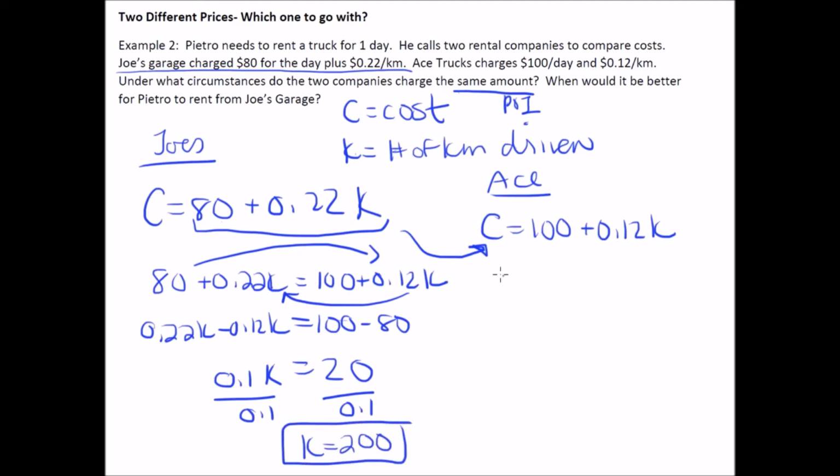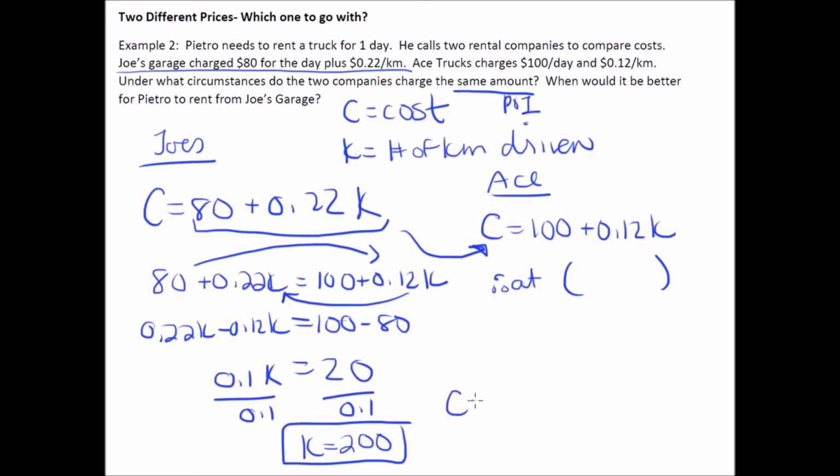Okay, so therefore, let's sub this back in and let's actually find the point of intersection. But we know that driving 200 kilometers is going to be that break-even point.